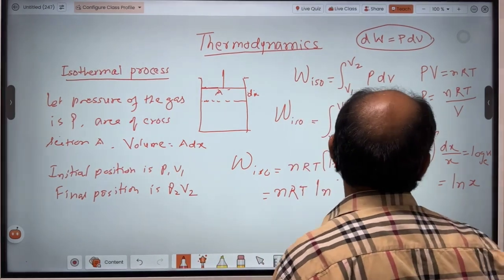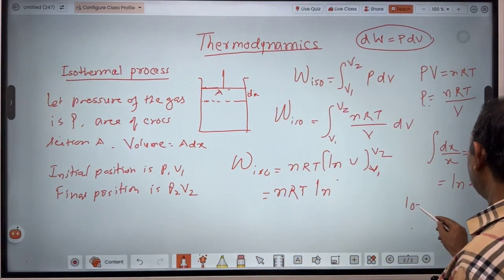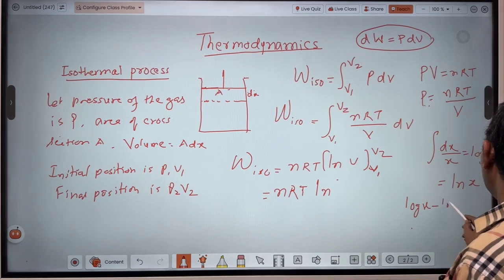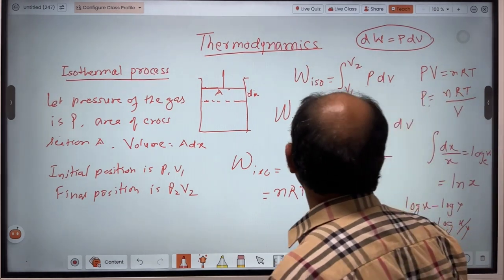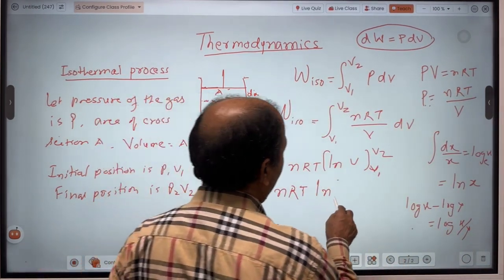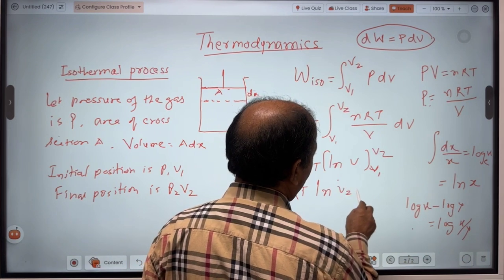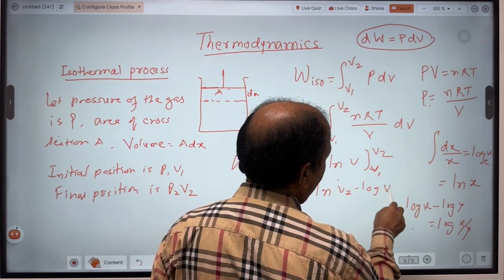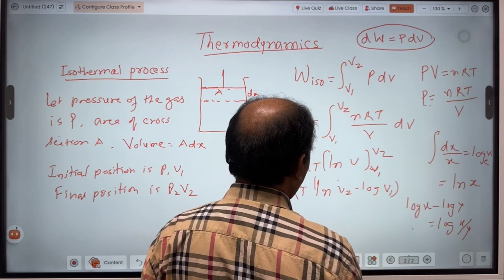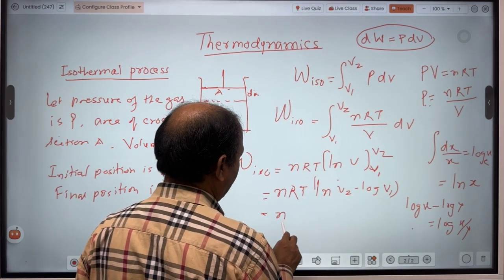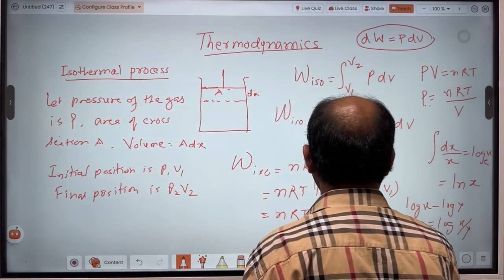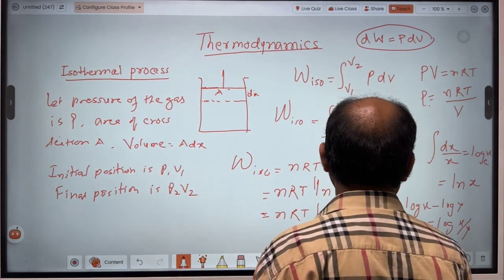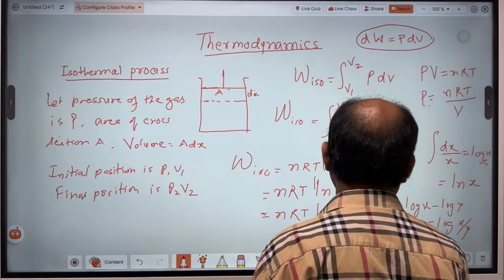ln, and then if you remember the property of log, log x minus log y is equal to log x upon y. So that property we can apply here, nRT, ln V2 minus ln V1, and this will become nRT times ln of V2 upon V1, right?